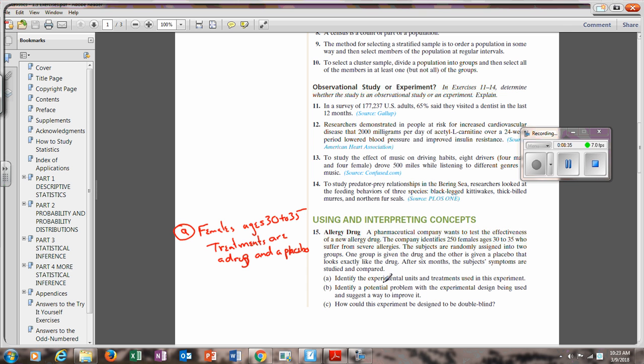Part B. Identify a potential problem with the experimental design being used and suggest a way to improve it. One problem is all subjects are females.